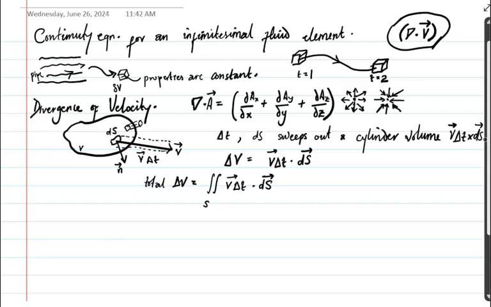Now we use our divergence theorem again, which tells us that this is equivalent to the integral of the divergence of v delta t dV.